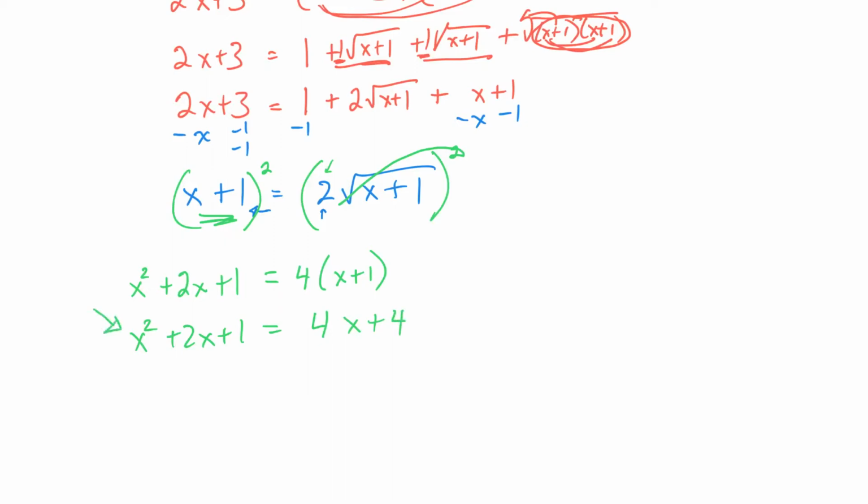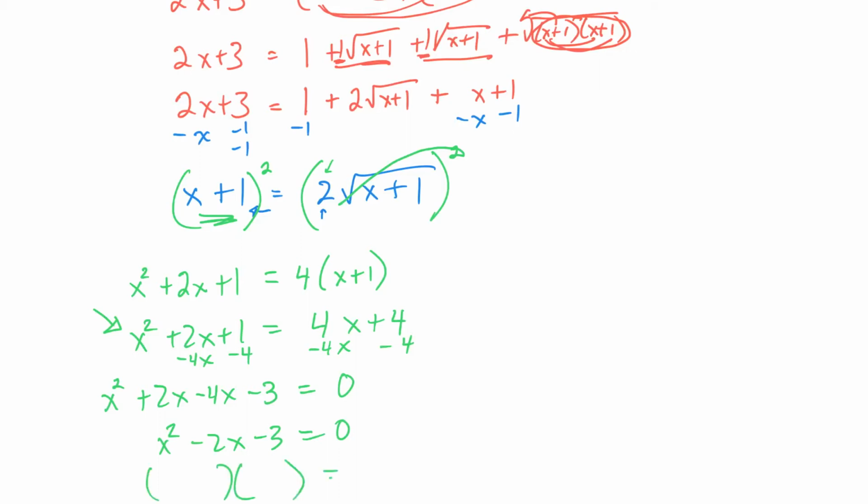Since this is a quadratic, I'll bring everything to the left side. So it'll be x squared plus 2x minus 4x. And then this would be minus 4, so that would be minus 3 equals 0. So x squared minus 2x minus 3 equals 0. I have a quadratic.